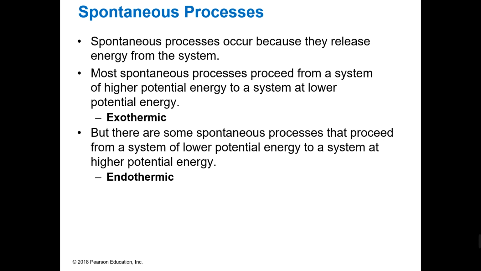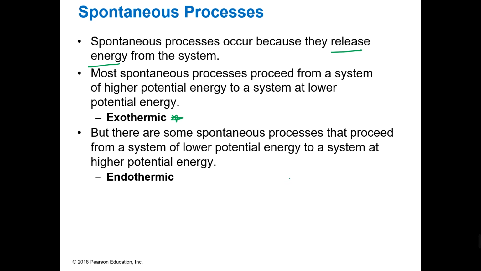When we have a spontaneous process, generally speaking, we're talking about a release of energy from the system. Remember, we are still back to system, surroundings, and universe. Going from a higher potential energy to a lower potential energy, those are our exothermic reactions.